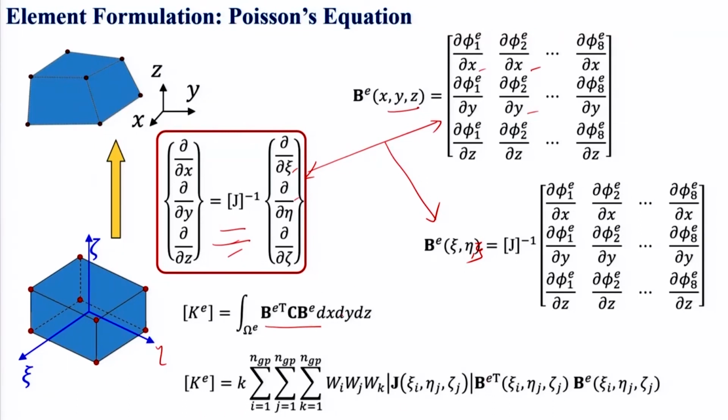Then the same numerical integration technique can be applied to get the coefficient matrix, where wi, wj, wk are the weights and xi, eta, zeta are the integration points, and beta and b we have already represented in terms of the natural coordinates. Similarly we can write the boundary flux term and the source term, and then finally we have the element level equations.